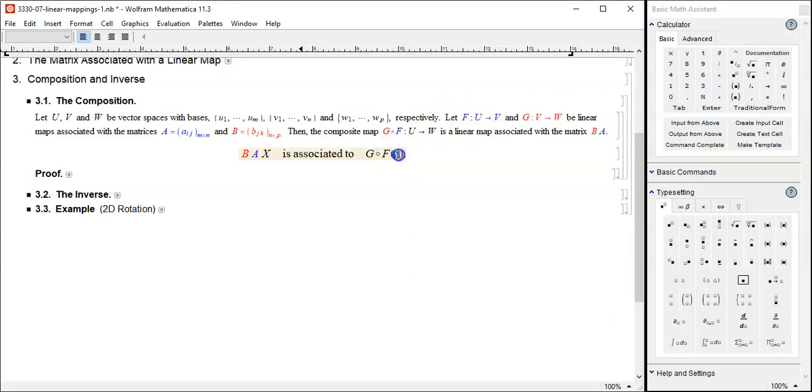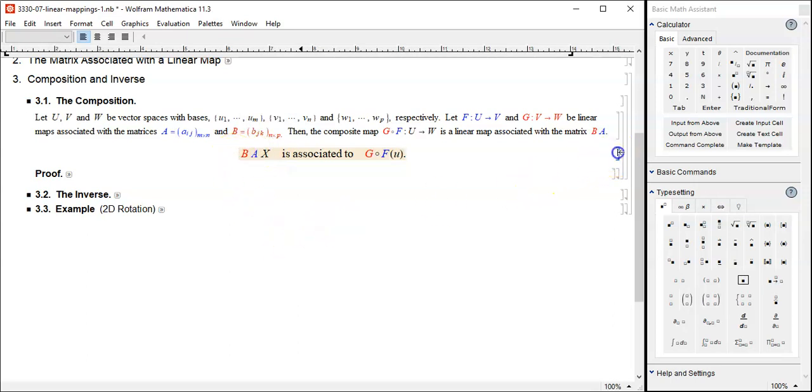On the right hand side here, we have an arbitrary vector small u from the vector space U, and then map F is applied, and then map G is applied. So U is going to V, and then V is going to W. So the information flow is from right to left.